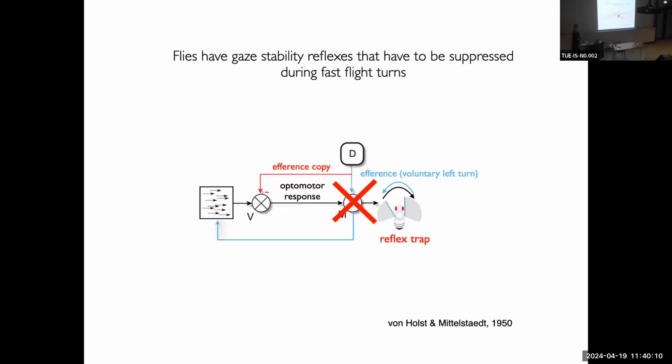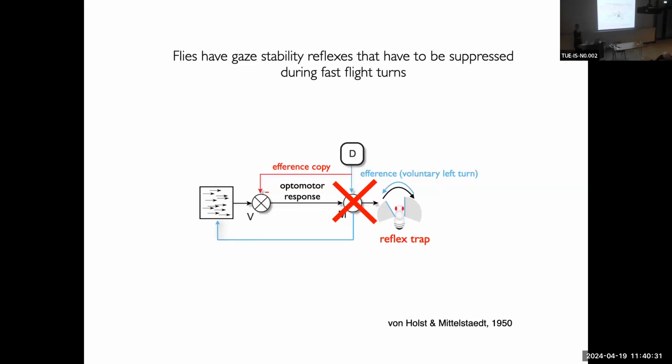Funnily enough, similar ideas were put forward by Sperry, for example, but von Holst and Mittelstaedt came up with this idea by looking at walking flies. Then many years later, it became possible to record from the visual system in behaving animals.